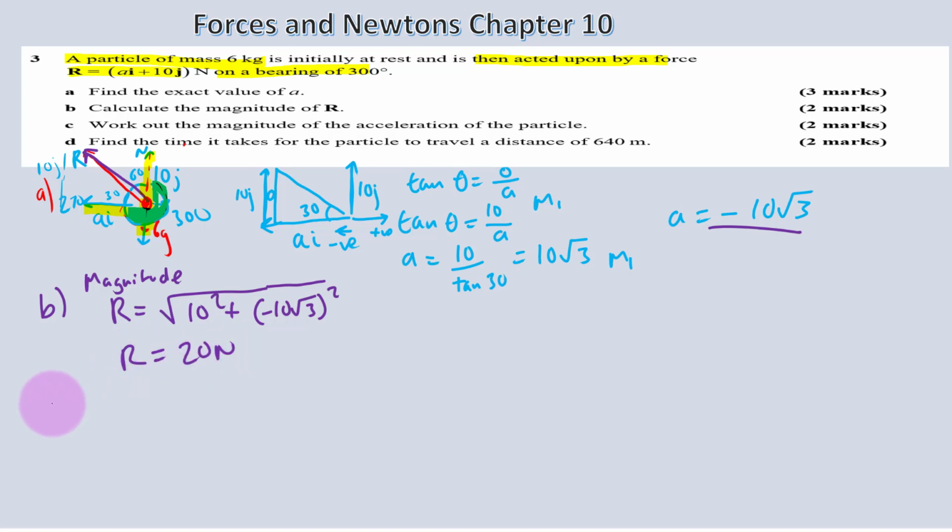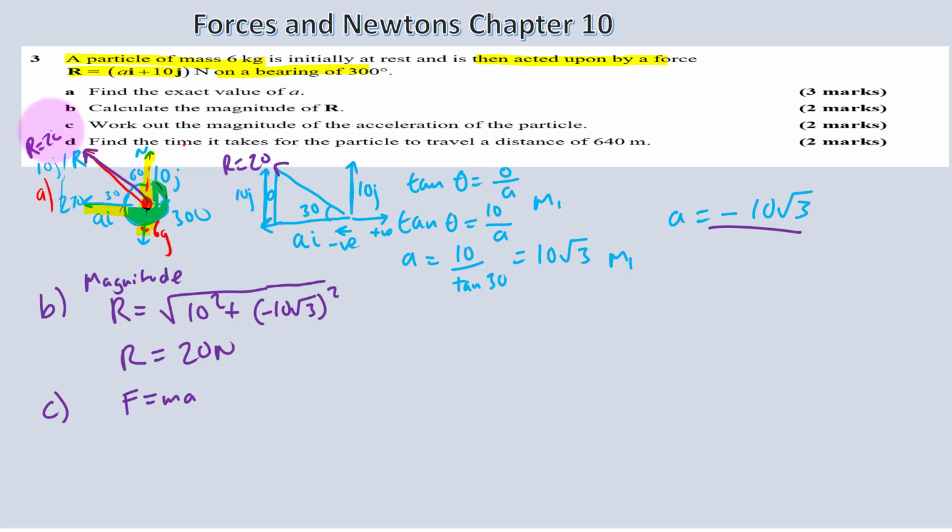C. Work out the magnitude of the acceleration of the particle. Right. Always state F equals ma. What forces do we have? Well, can we see the main force? I'll draw it on this diagram here. That's 20. R equals 20, right?